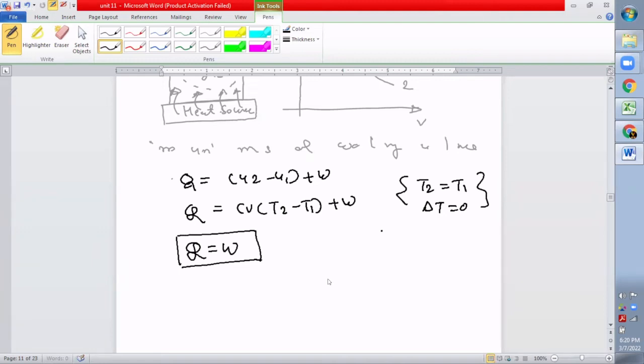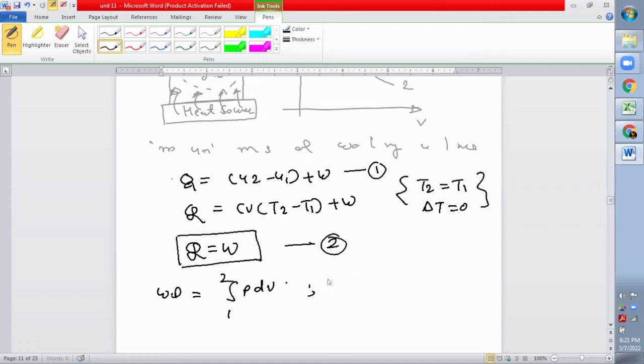Getting? Yes, sir. Okay. Now if Q is equal to W, this is our equation number 1, and this is our equation number 2. Now we'll go for the work done equation. The work done is nothing but the integration from 1 to 2 of P dV.